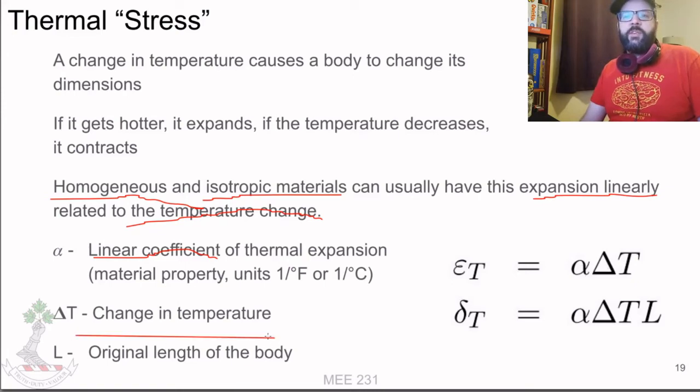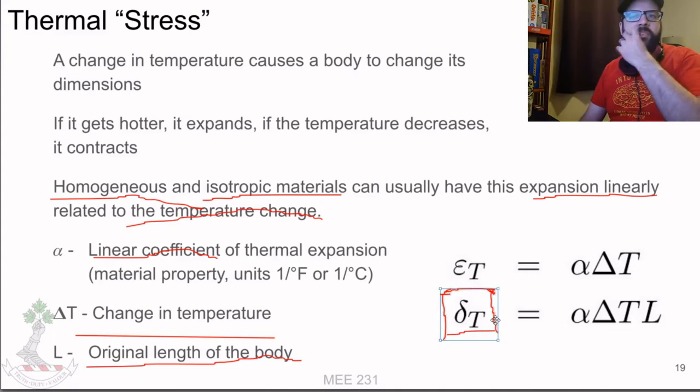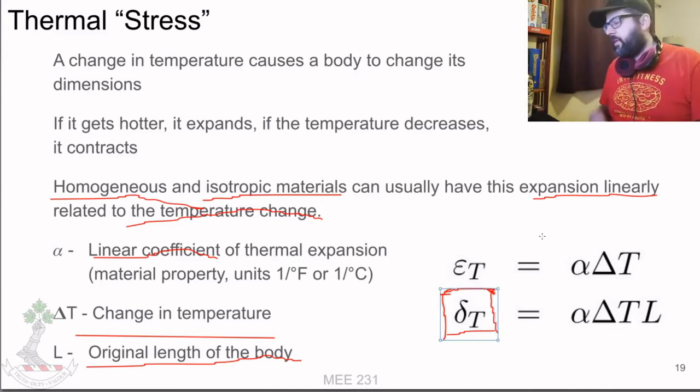Change in temperature is obviously going to be in terms of either Fahrenheit or Celsius, and then the original length of the body will be based upon whatever unit system we're working with, millimeters, meters, feet, whatever. And then that'll give us a thermal expansion or contraction.